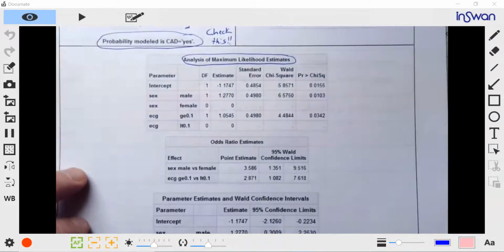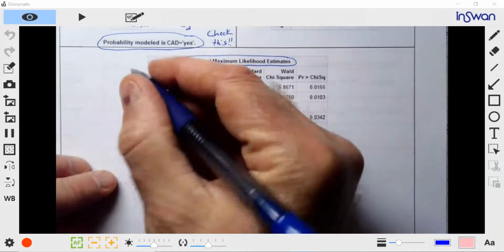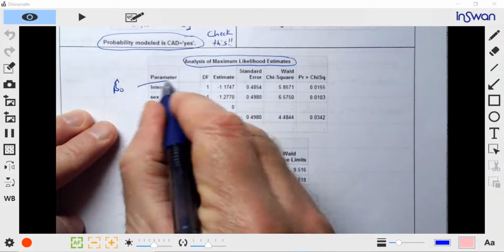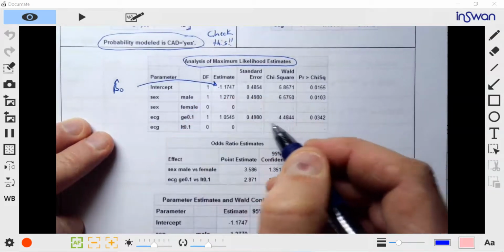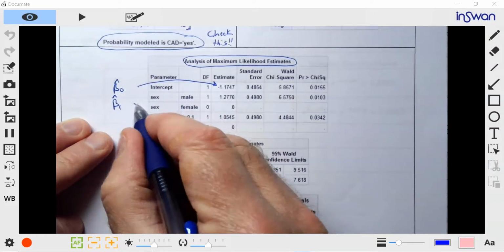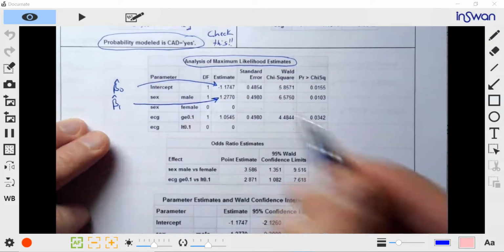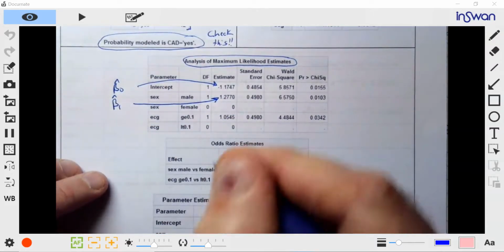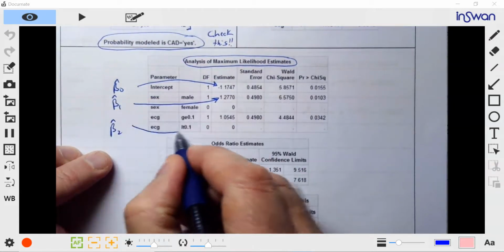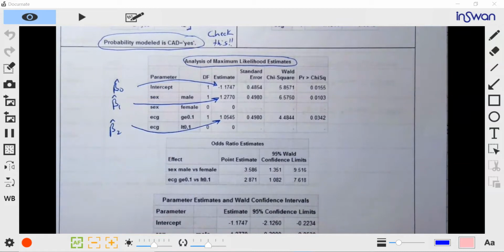And that's how I set this model up as well. So my estimate for beta 0 hat is right here. My estimate for beta 1, which is attached to the dummy variable for males, is right here. And my estimate for beta 2, which is attached to the dummy variable for high ECG, is right here.